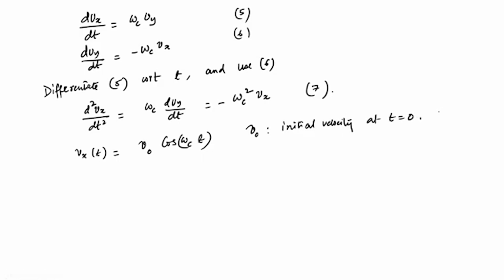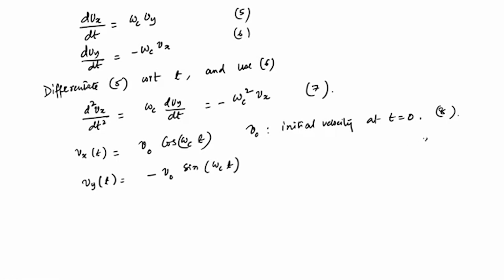Okay. So, maybe this is 8 and so on, and we can solve for Vy in the same fashion, that is, you differentiate 6 and put 5 there, and one gets Vy(t) equal to minus V0 sine of omega c t.